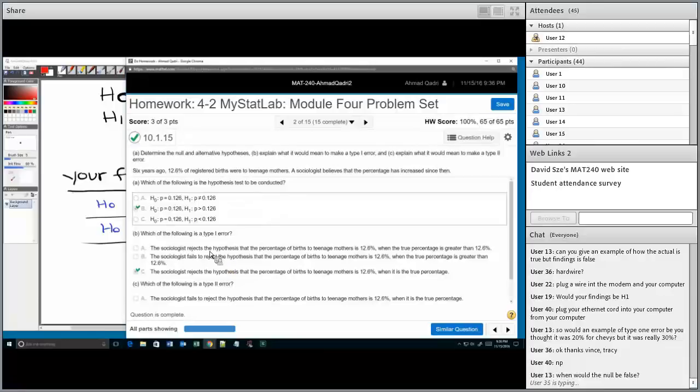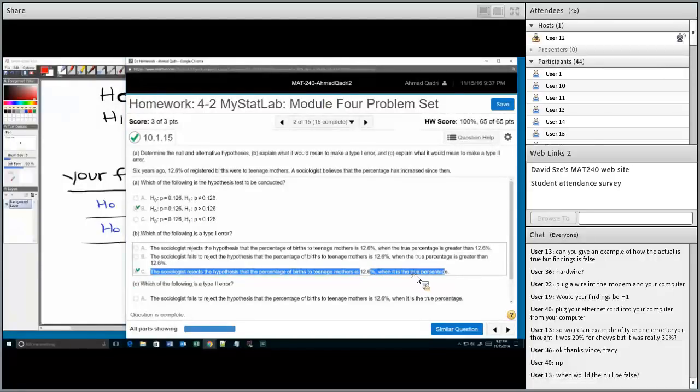So let me first read out the correct answer. Remember, type 1 error means that the null is true and you reject the null hypothesis. Okay, so take a look at this. The sociologist rejects the hypothesis that the percentage of births to teenage mothers is 12.6% when it is in fact the true percentage today.